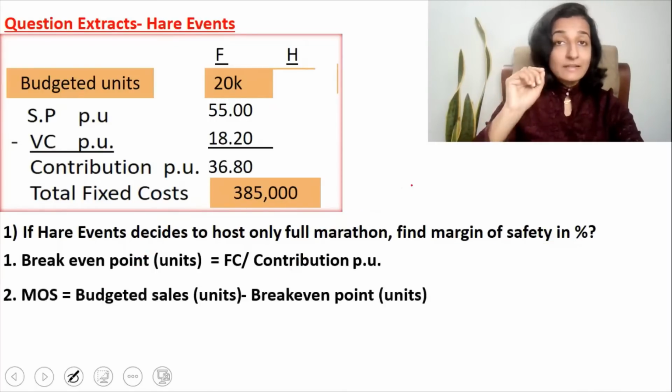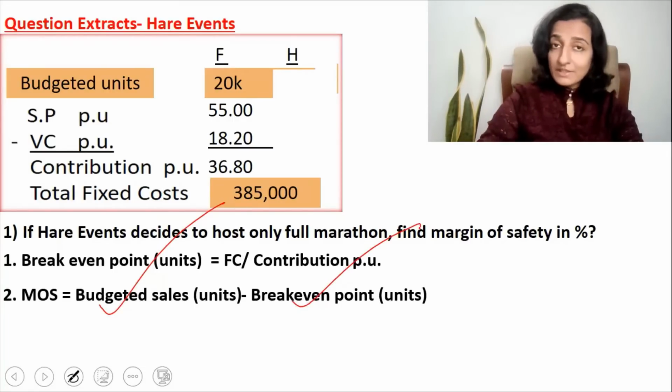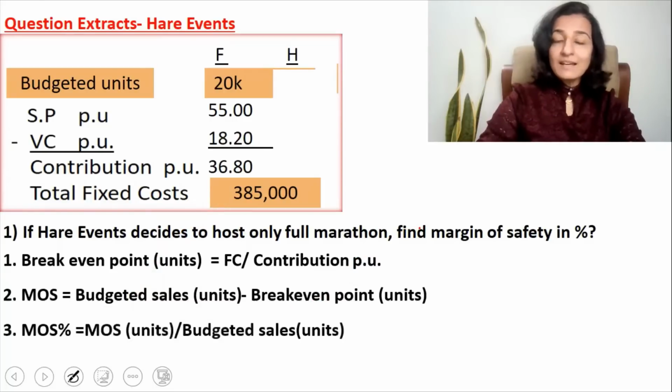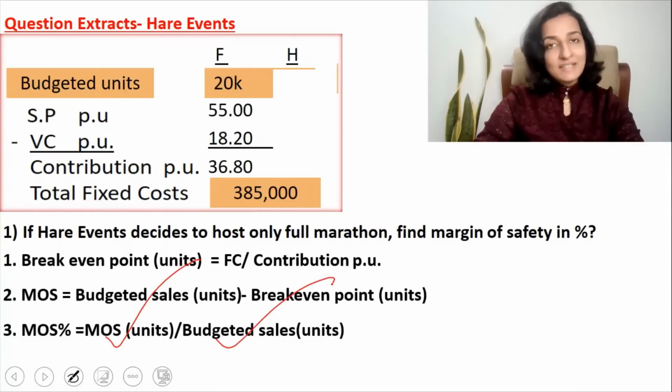Next, the margin of safety in units, which is budgeted sales in units minus the break-even point in units. Next, the MOS, or margin of safety, as a percentage, which is given by MOS in units divided by budgeted sales in units.